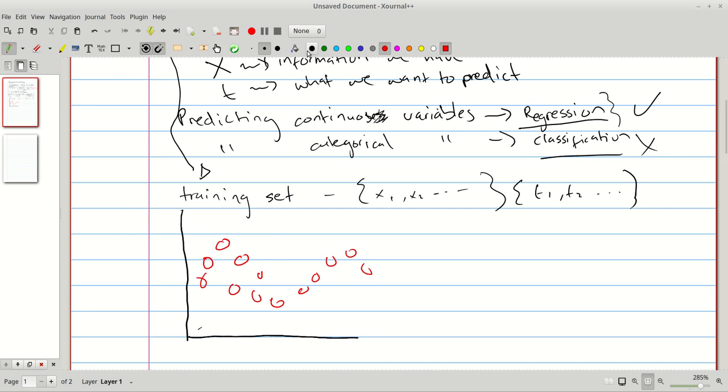That's essentially what you're plotting. So this is your x here, and this is your t, right? Based on this, maybe I should clear things up a bit.